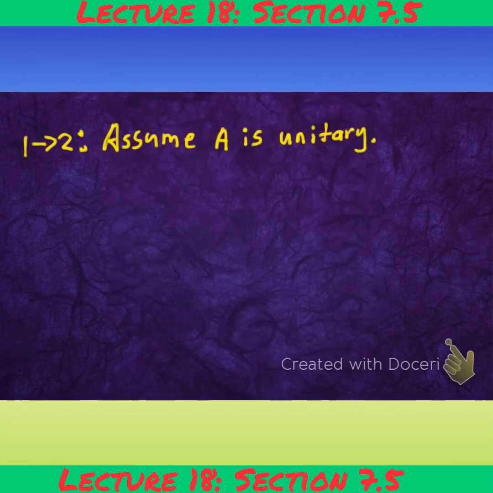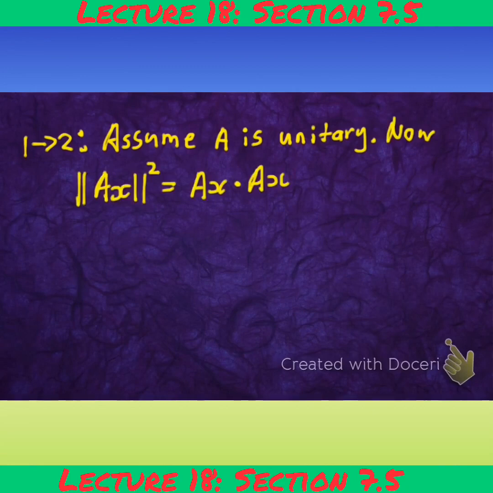Okay, so proving that 1 implies 2, let's assume A is unitary. Now let's take the norm of the column vector AX squared. Then that's the complex dot between AX and AX. What's the complex dot? It's going to be AX conjugate transpose, multiplied by matrix multiplication with AX.